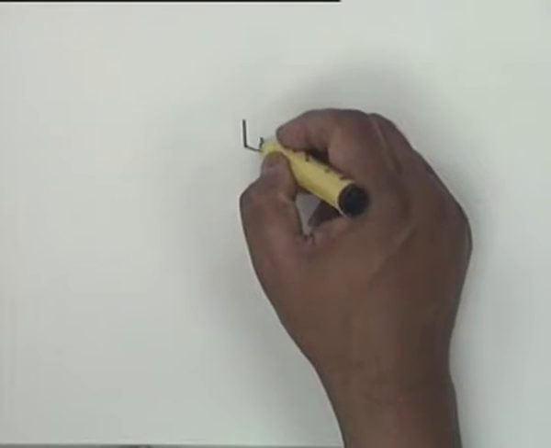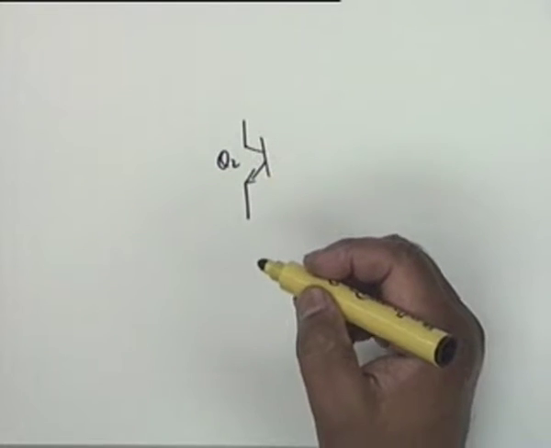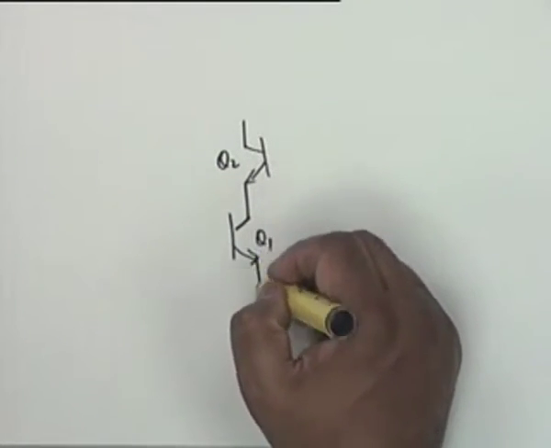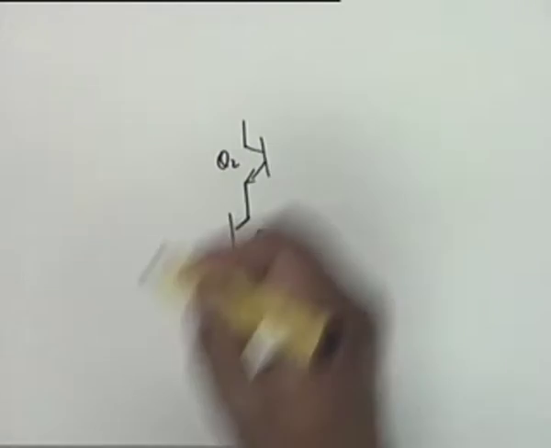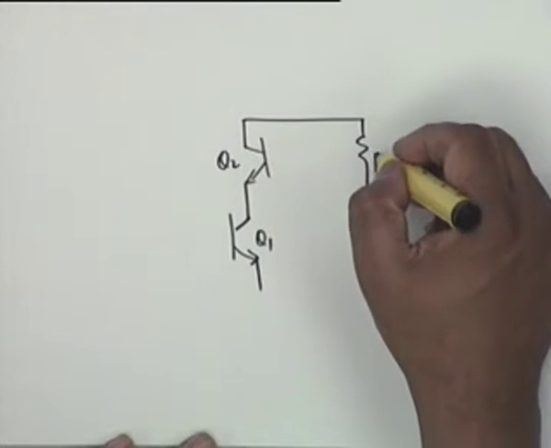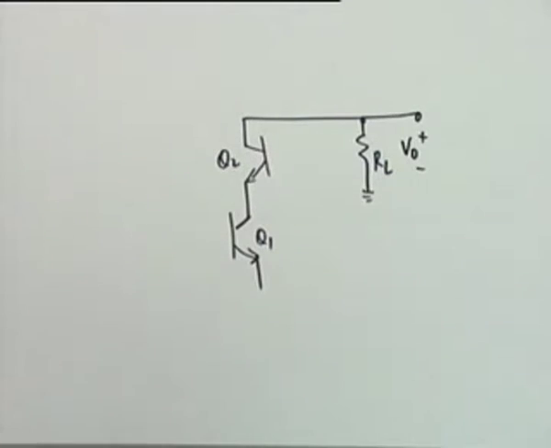Well, the circuit would be like this: a transistor Q2 which sits upon a transistor Q1. This is the cascade connection. The overall load is here. One can easily guess why a cascade is used instead of a single transistor.